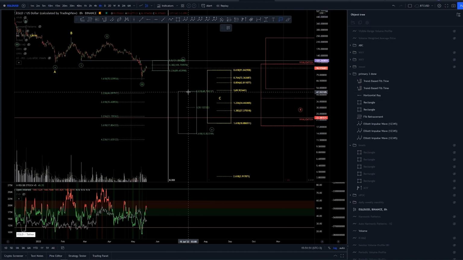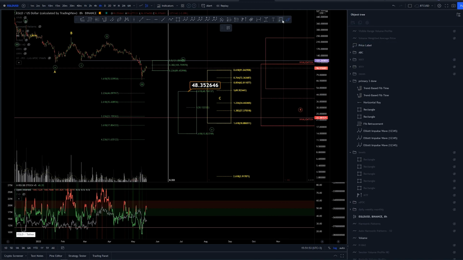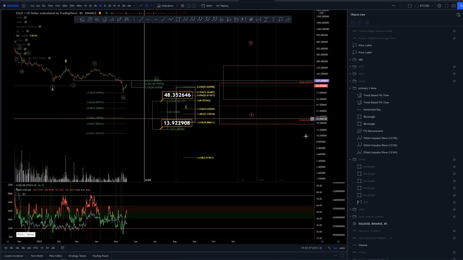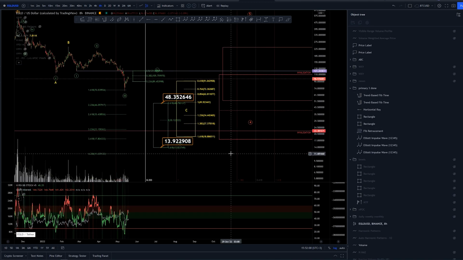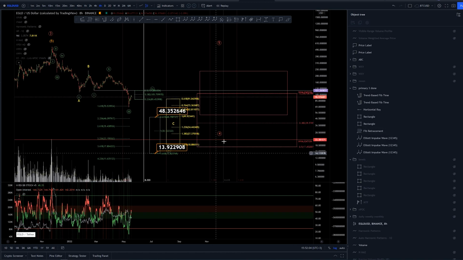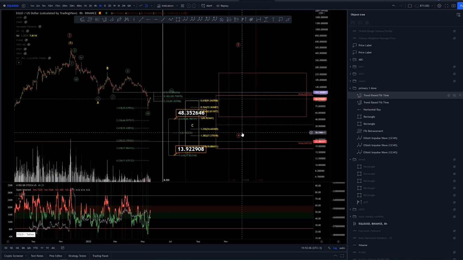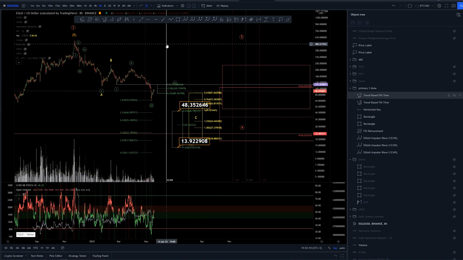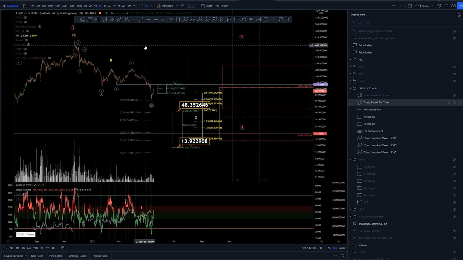So target area is from $48 to $13. Now, how this lines up with the overall market structure or expectations for wave 4 is pretty good looking.